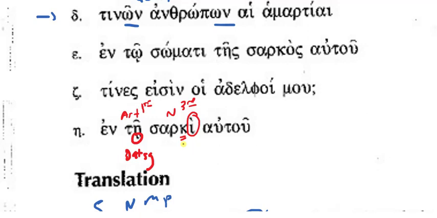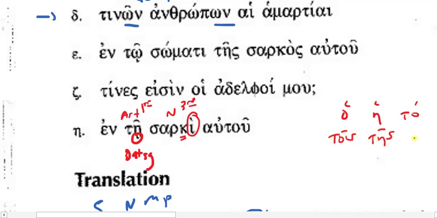Yes. The article is always going to be whatever its declension pattern is, right? So what are my forms of the article? Well, it's ho, he, to, right? And let's just do the genitive: tou, tes, tou. So what declension pattern is the masculine form following?